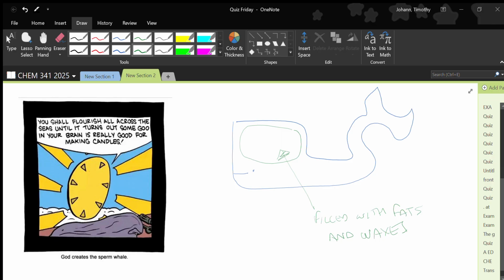So what these whales do is they go and hunt giant squid and things like that. And they do it at great depth. I can't remember, I feel like they can go a mile down and they're okay underwater. So they do it at great depth. And as you go down in water, what happens to the density of water?